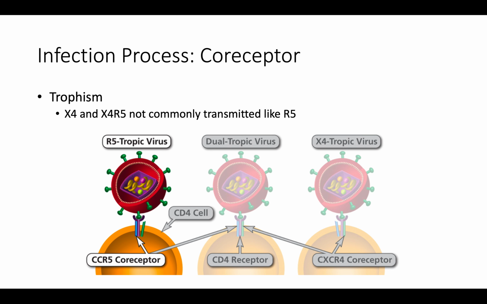The X4 and X4R5 tropic behaviors typically come from mutations after infection because they aren't really as virulent, and so they don't tend to be responsible for the initial infection. This makes CCR5 important in preventing infection and in curing early stage infections.